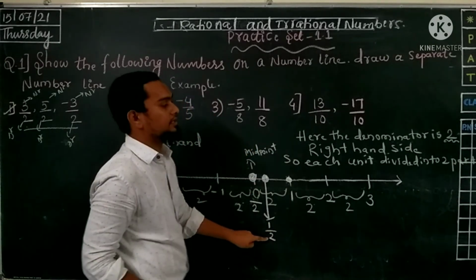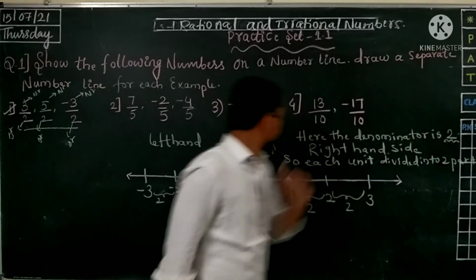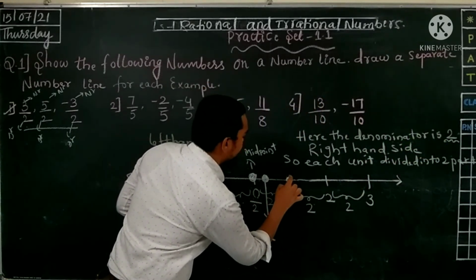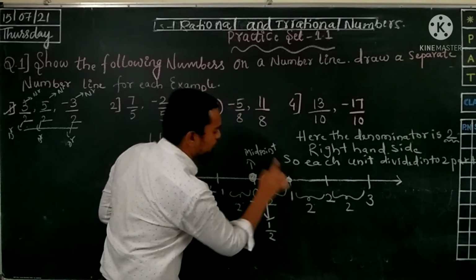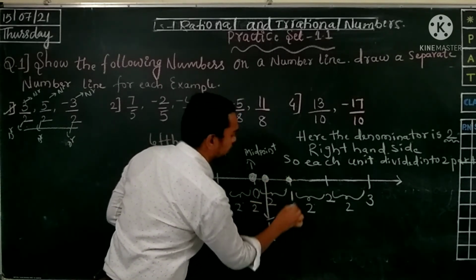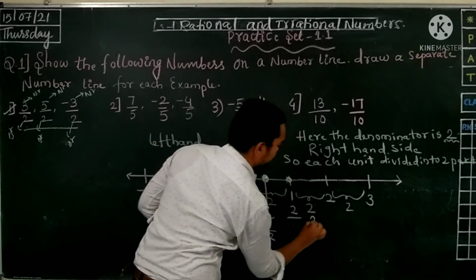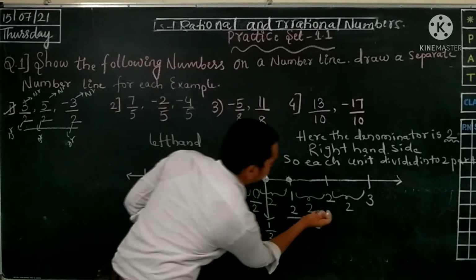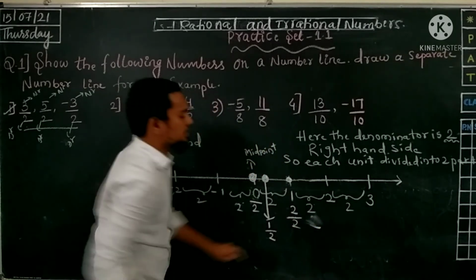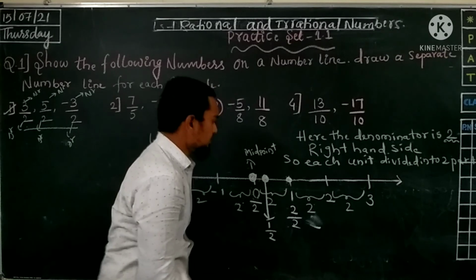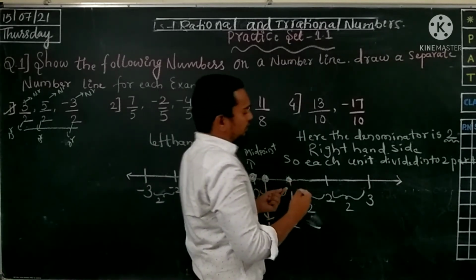Next, this is point 1, point 2, that is 1 unit, 2 units. 2 means 2 upon the denominator 2.